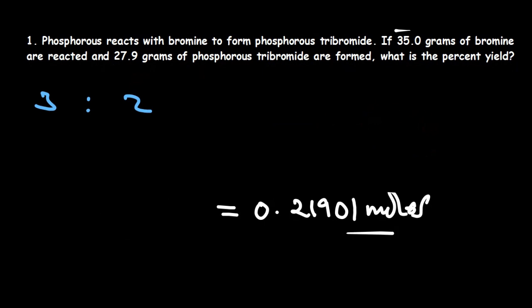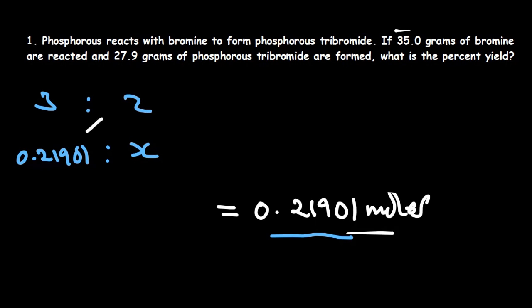If we have these moles of bromine, how many moles of phosphorus tribromide are we going to have? If we have 0.2190 moles of bromine, how many moles of PBr3 are we going to have? We just cross multiply.